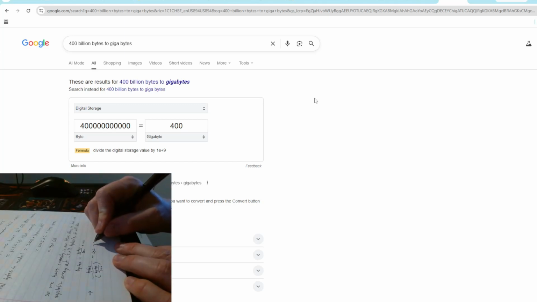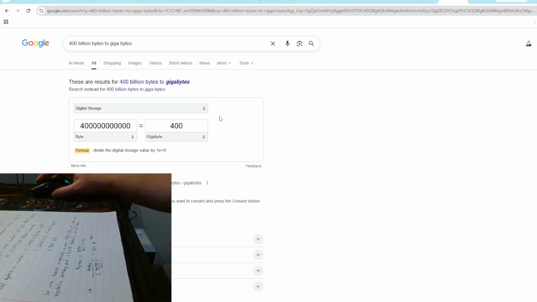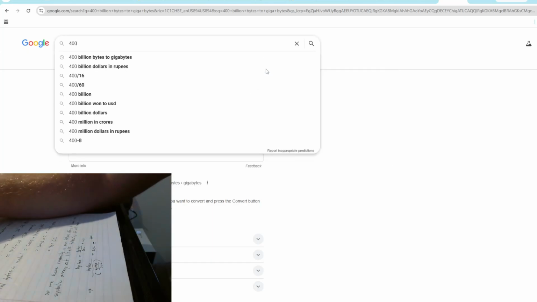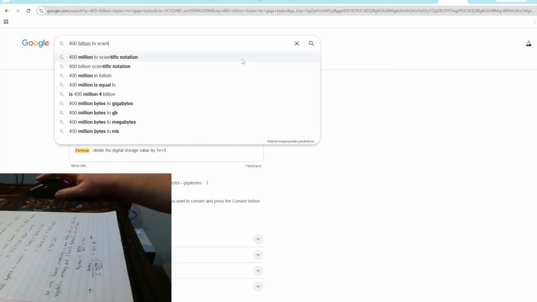Okay. So that's an easy plug and play. So bytes equals 400. Actually, let's just say 4.00 times e to the what? 1, 2, 3, 4, 5, 6, 7, 8, 9, 10, 11. So it should be 4 to the 11, but let's just be 100% sure because I'm writing in pen. 400 billion to scientific notation.